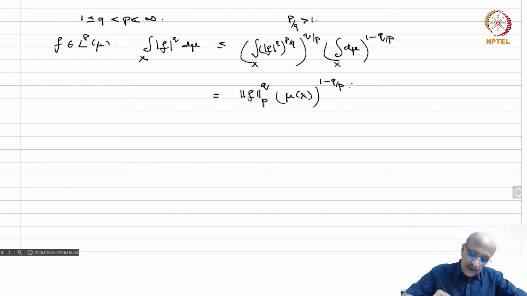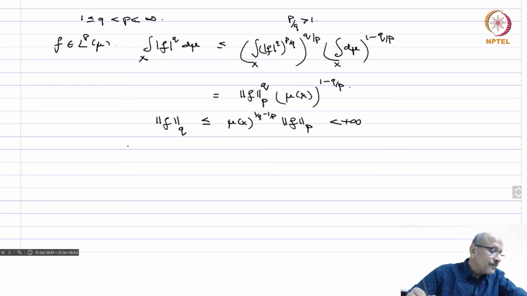So we have norm fq, taking the qth root, is less than or equal to mu(X) to the power of 1 by q minus 1 by p times norm fp, and that is finite, and also this shows that the inclusion map is a continuous linear operator. Okay, so now some other examples.